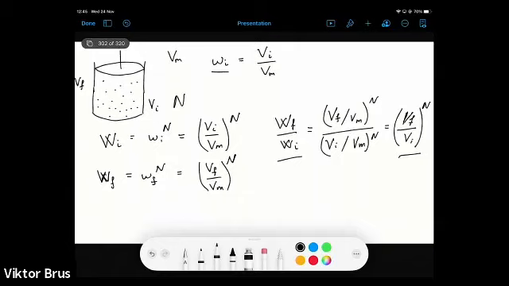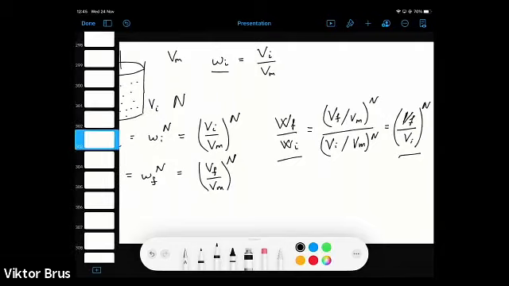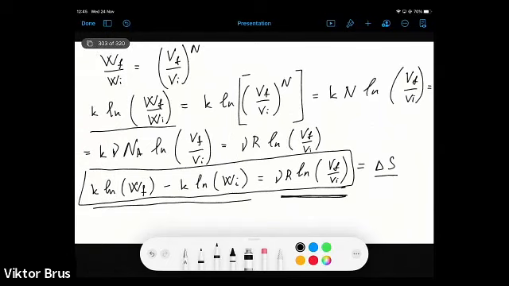We have shown that the statistical weight for the final macrostate is larger than for the initial because the final volume is larger than the initial volume, and found the relationship between the change of statistical weight and the change of volume of this system.